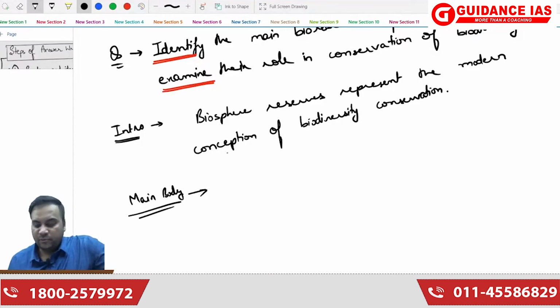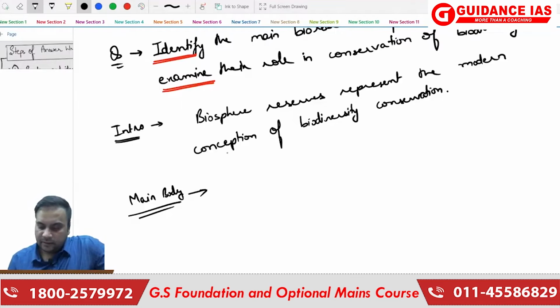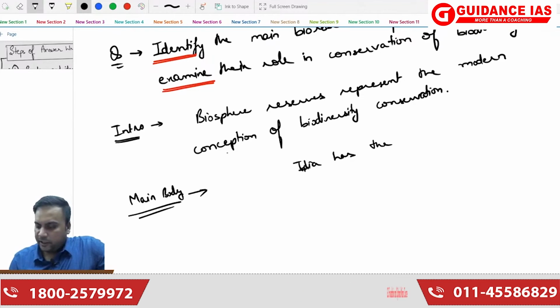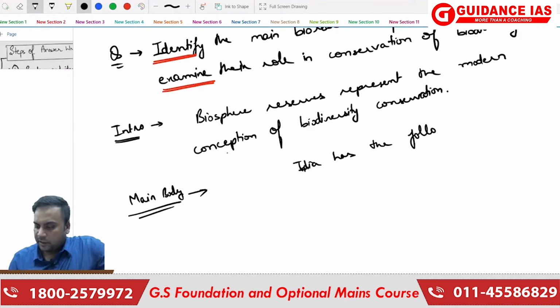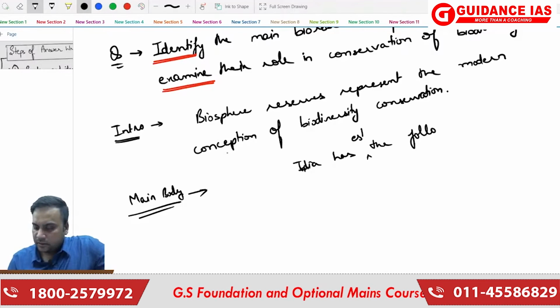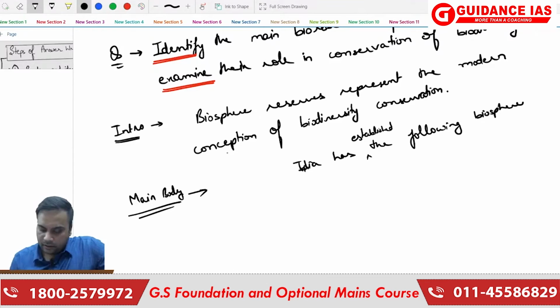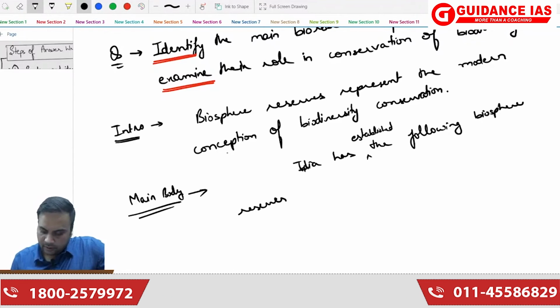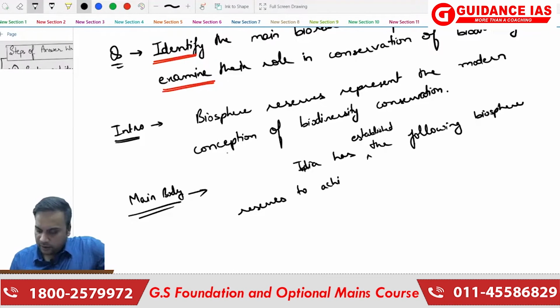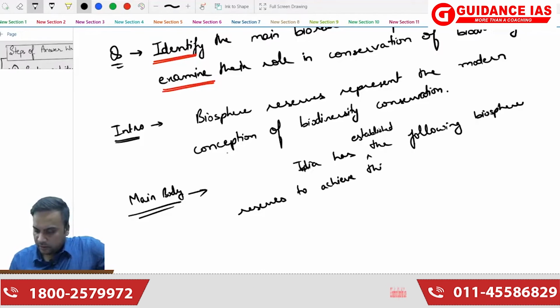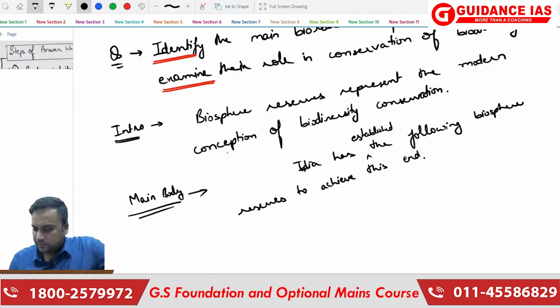Coming directly to the main body, I would simply start writing and say that India has established the following biosphere reserves to achieve this end.